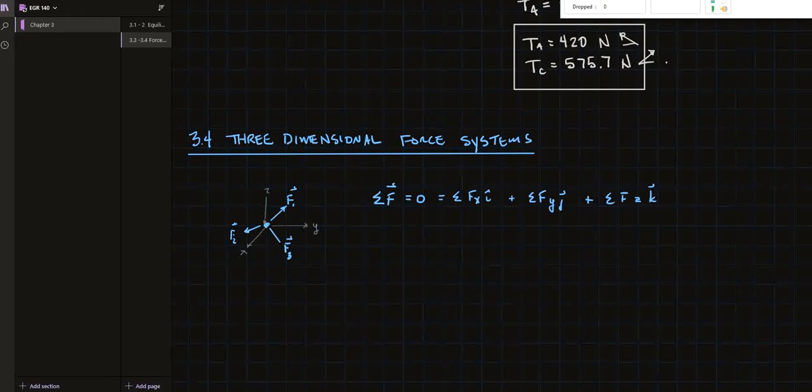This leads again to the situation where the sum of our force components in the x direction equals 0, the sum of our forces in the y direction equals 0, and the sum of our forces in the z direction equals 0.